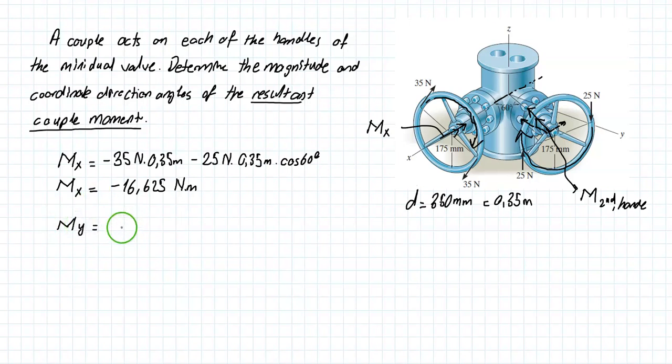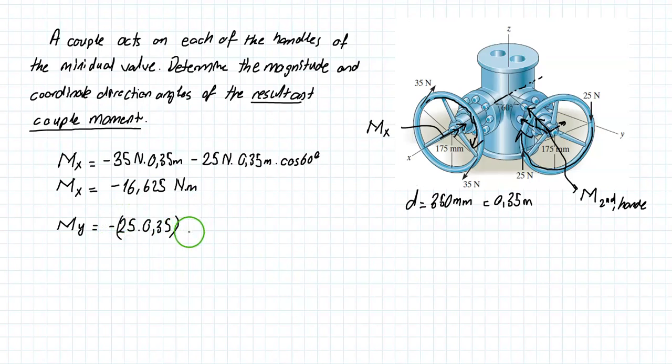Okay, as for the moment y, I will be only having the y component of this moment vector caused by 25 times 0.35. So the force couple 25 Newton times the distance between the force couple, and that's 0.35.